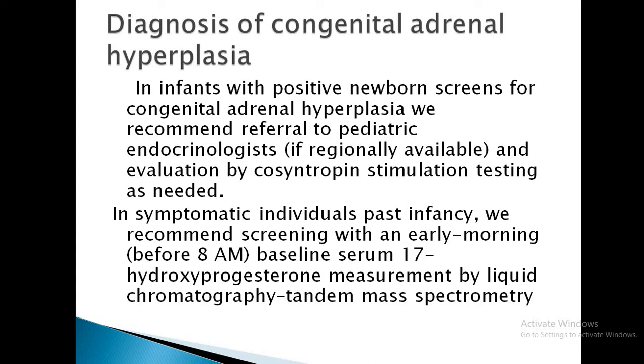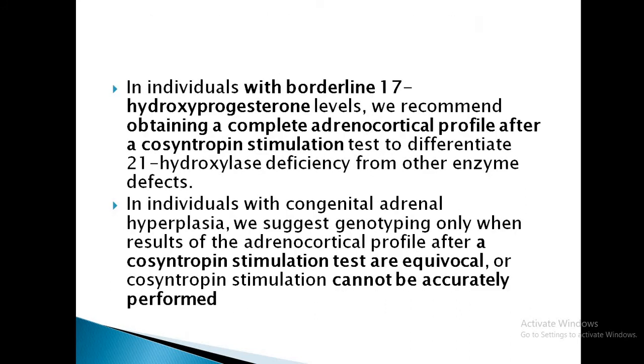So in symptomatic individuals after infancy, like in adults, we recommend screening with an early morning baseline serum 17 OHP by liquid chromatography tandem mass spectrometry, so the LC-MS/MS method. With borderline 17 hydroxyprogesterone levels, a complete adrenocortical profile after a cosyntropin test to differentiate between 21 hydroxylase deficiency and other defects has to be done.